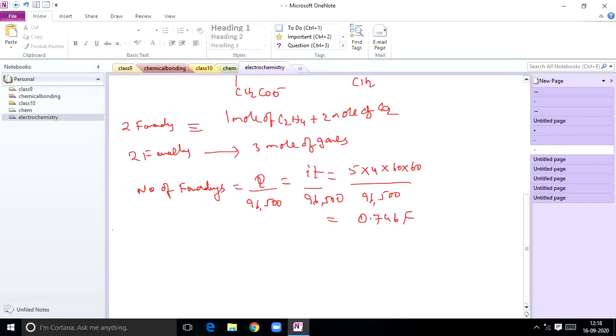The gases produced at anode are collected separately at 25 degrees and 1 atmospheric pressure. Find the volume of the gases. Also find the pH of the solution at the end of the electrolysis. Assume that at the start of electrolysis, the pH of the solution is 7 at 35 degrees Celsius.